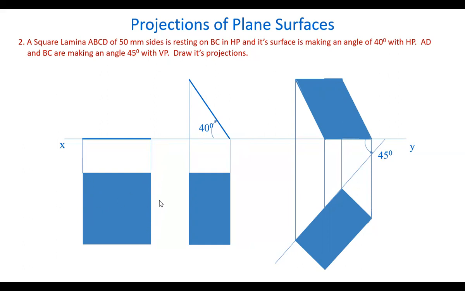AD and BC both are making 45 degrees angle with VP. That means this edge as well as this edge, both are making 45 degrees, because both are parallel. So this is the position of the plane. And finally, the plane appears like this.